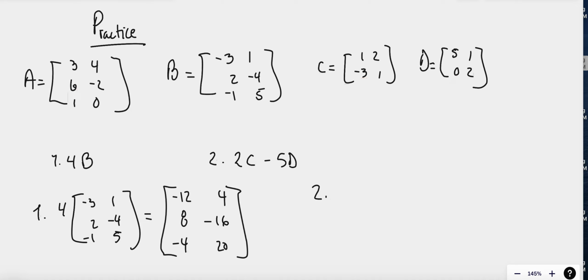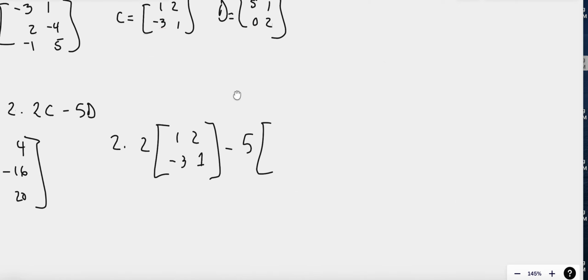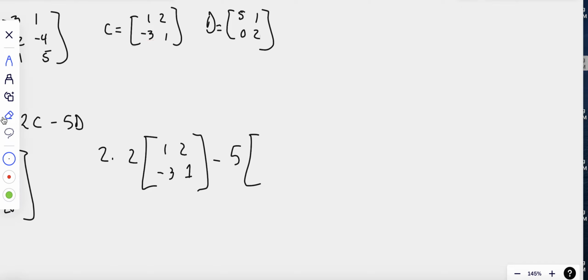Number 2, it's a little bit longer, still fun. Instead of C and D, I'm just going to rewrite my matrices. So we have 2 times, well, C is 1, 2, -3, and 1, minus 5 times 5, 1, 0, 2.